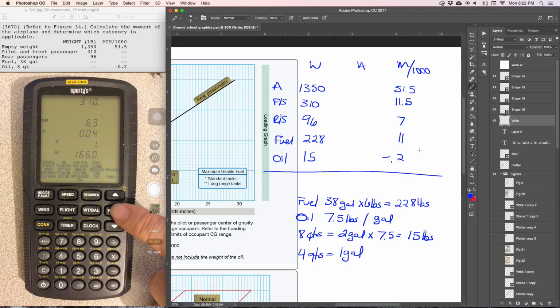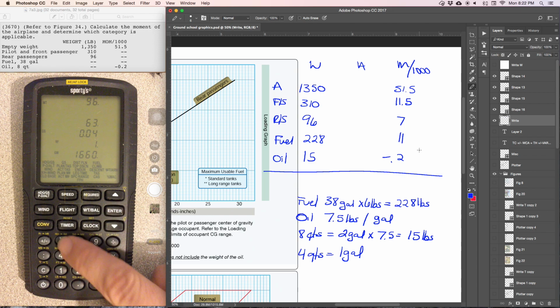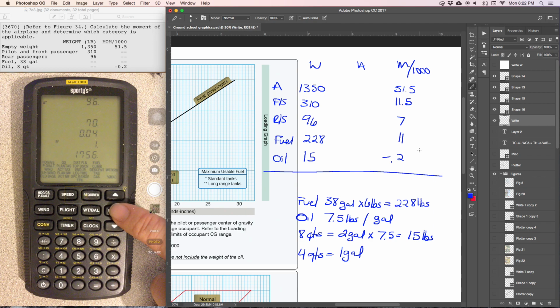Again, rear seat 96 pounds, moment 7. Fuel 228 pounds, moment is 11.